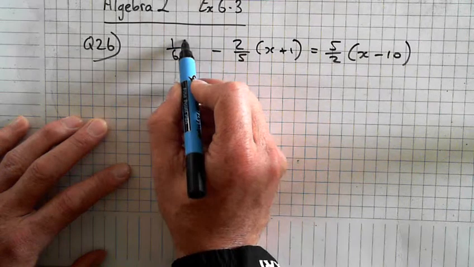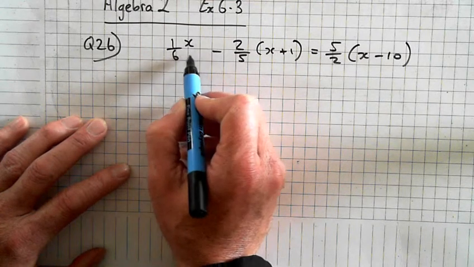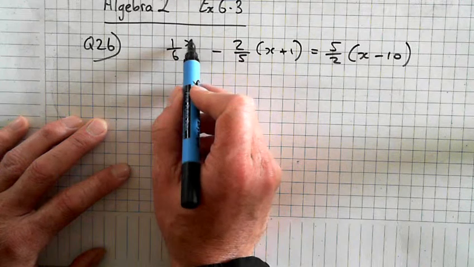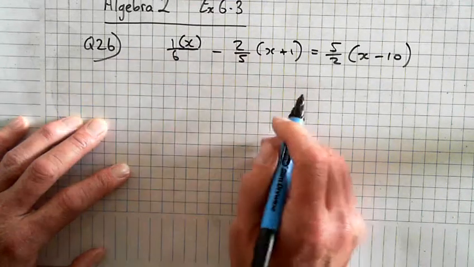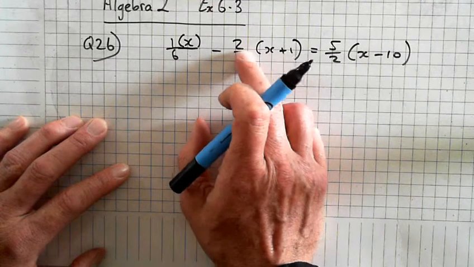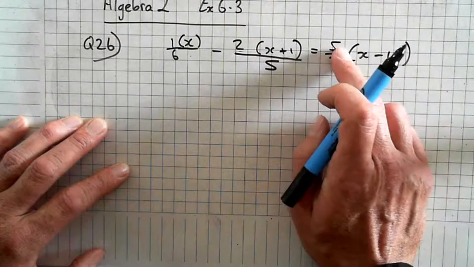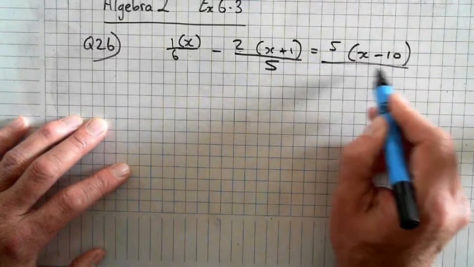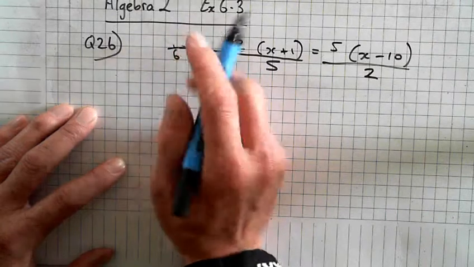X is x over 1. So x is above the line really, and there's a 1 below the line. So 1 times x, so basically 6 is below the line. And here 5 is below the line, everything else is above. Over here 2 is below the line. So here we've got 1x.